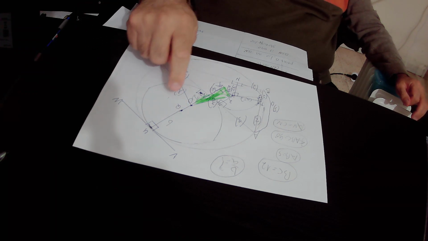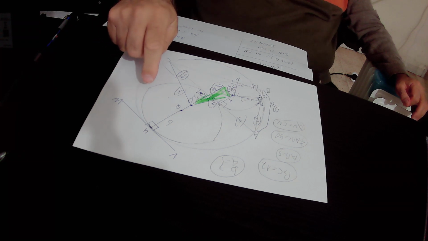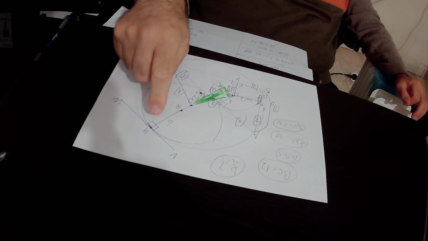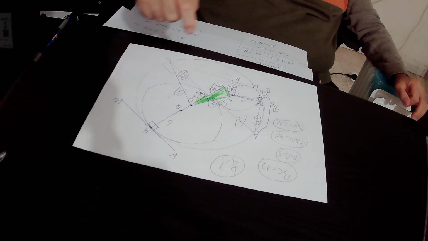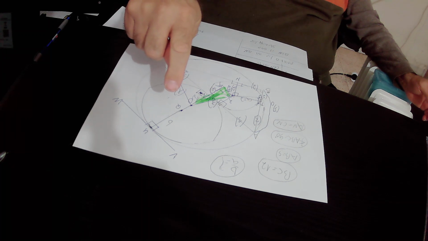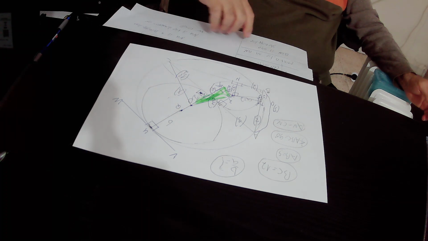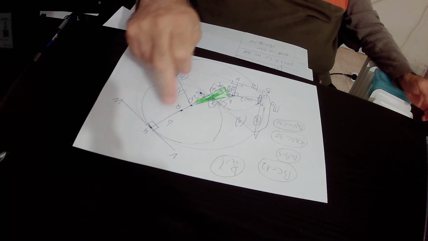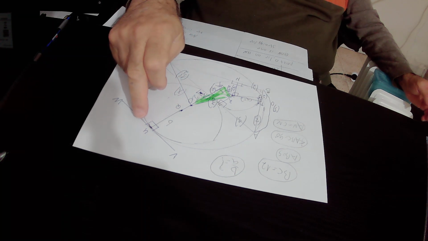Because at point U, QU is perpendicular to VW. So all the 3 points O, Q, and U must be located on the same straight line. Or in other words, OQU is one straight line.